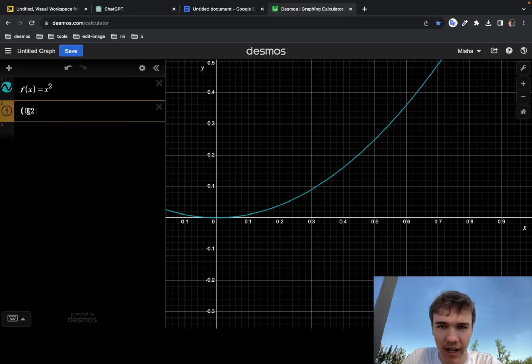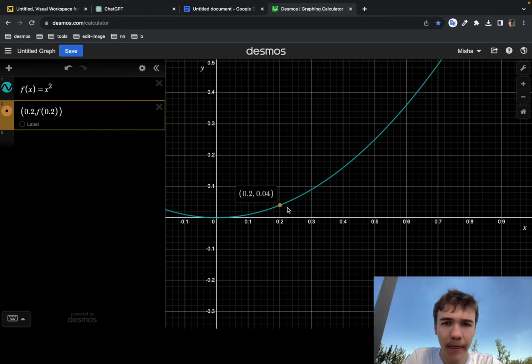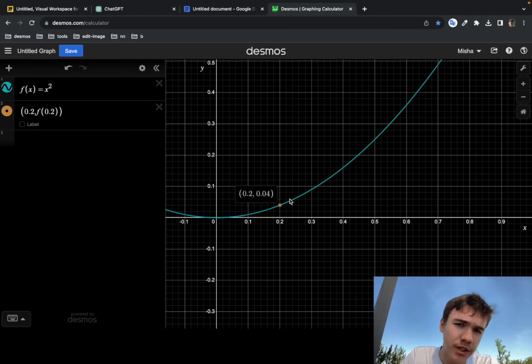The first parameter is always x, and the second parameter is going to be f of x, which is f of 0.2, and as you can see, we get a point right here. This point is placed, and we need the second one.